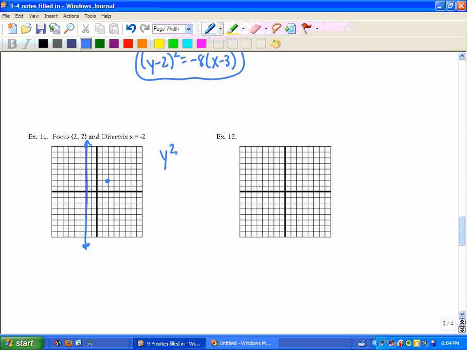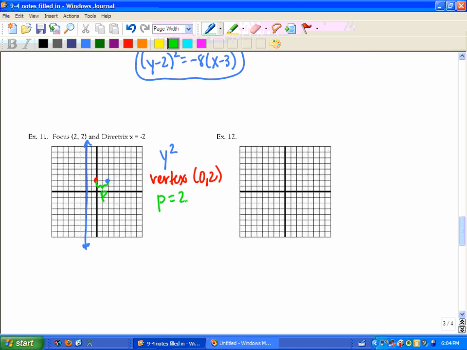Your vertex is always the midpoint between your directrix and your focus. So in this case, our vertex must be at 0, 2. And so now that we know that, we can count the p-value, which is going to be 2.